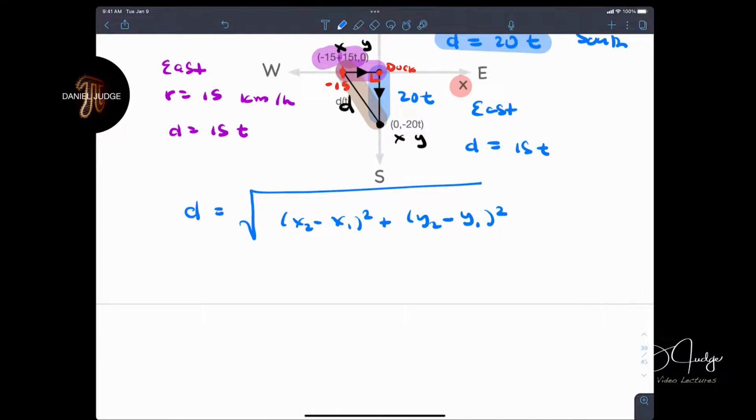Or you can use the Pythagorean theorem, because it's really going to be the same thing. We could say d squared by the Pythagorean theorem is going to be negative 15 plus 15 squared plus 20 squared, or you can say negative 20 squared there. Doesn't matter, it's going to be positive.